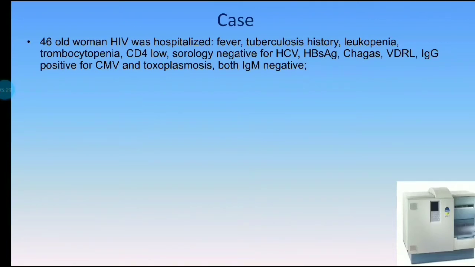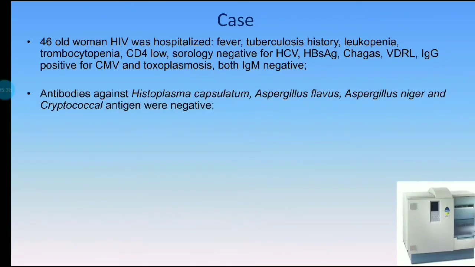Some serologies tested negative for hepatitis C, B, Chagas, and syphilis; IgG was positive for cytomegalovirus and toxoplasmosis, both IgM negative. Tests for antibodies against Histoplasma capsulatum, Aspergillus species like flavus and niger, and Cryptococcal antigen were negative.